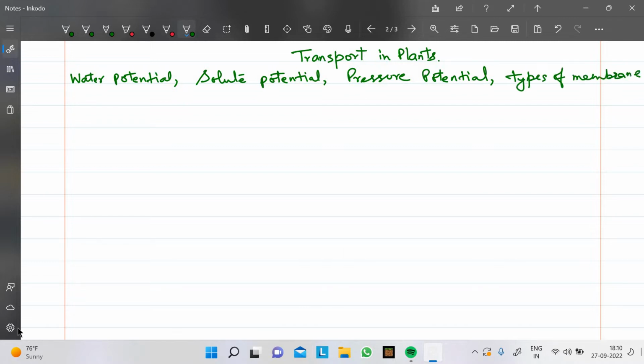Now in this section we will discuss other terms associated with plant water relations, and the first term in today's session is osmosis.